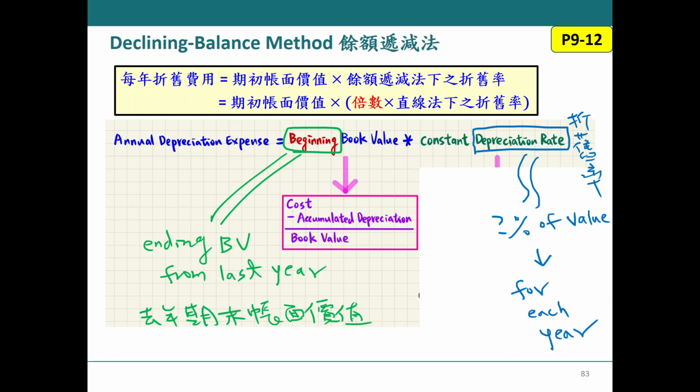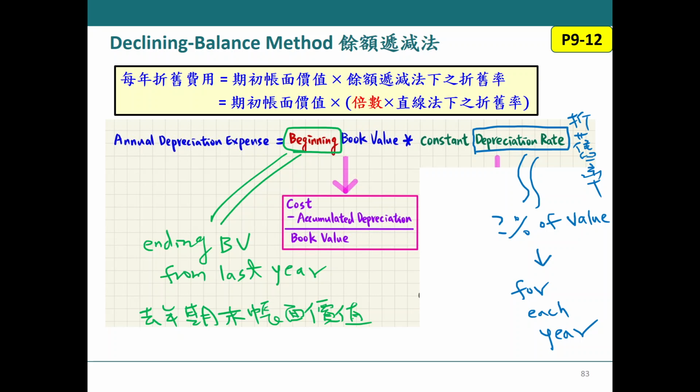For example, depreciation rate 20%. So what does it mean? PP's value decreases 20% for each year. So every year 20%, 20%, 20%.